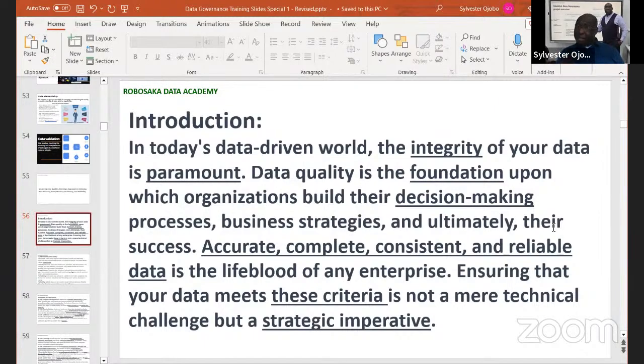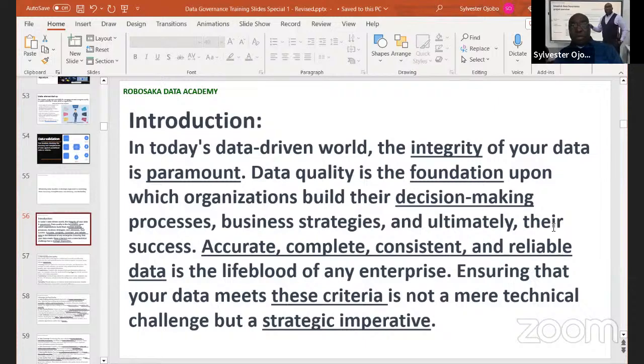Every decision of data quality is based on its integrity. That is the foundation, with the resultant effect of what's called decision making, business strategies, and ultimately their success.